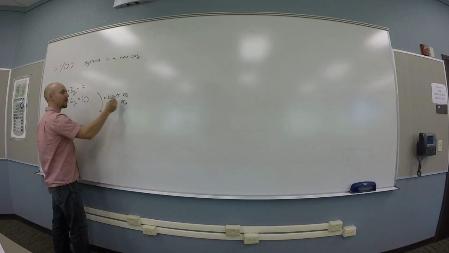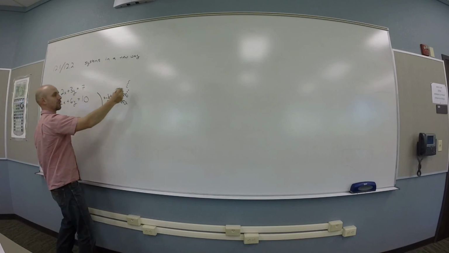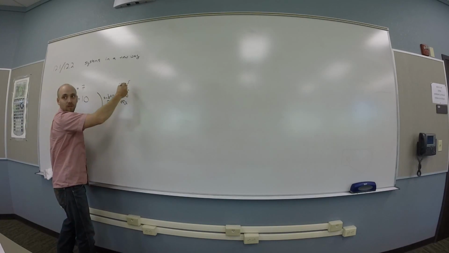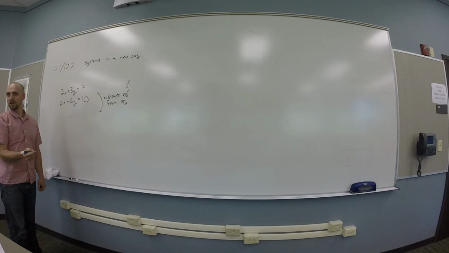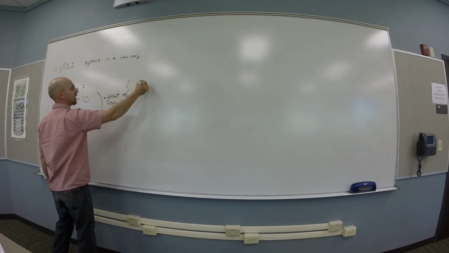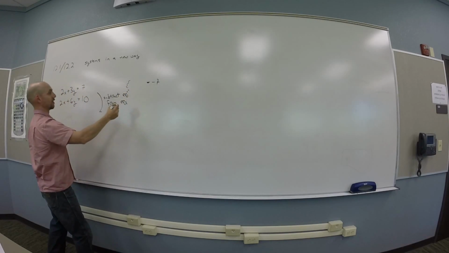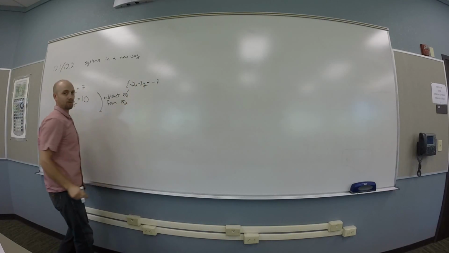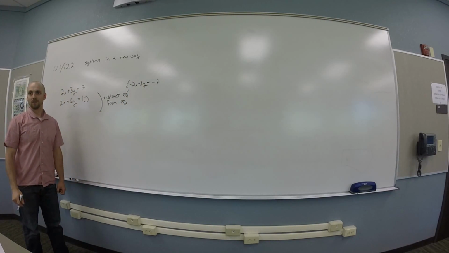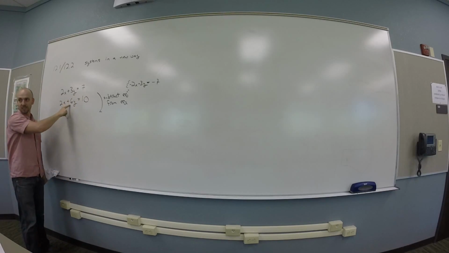I might think about subtracting equation 1 as minus 1 times this. So what's minus this? Negative 2x minus 3y equals negative 7, right? I'm just writing it off to the side because I'm going to want to add that to this stuff.